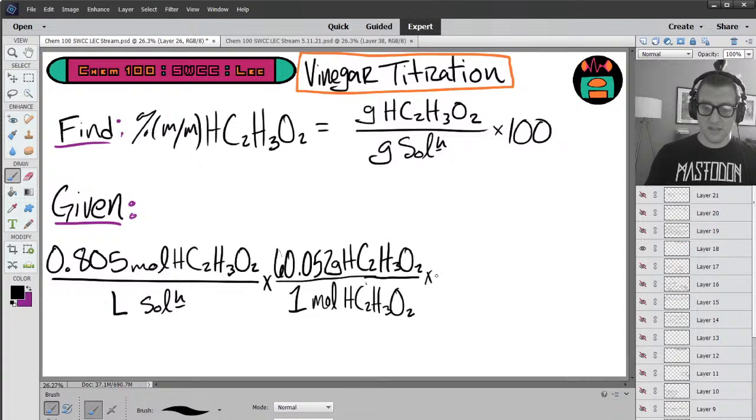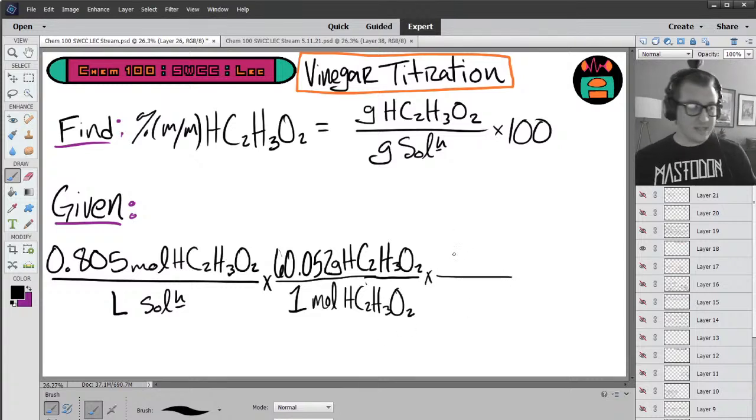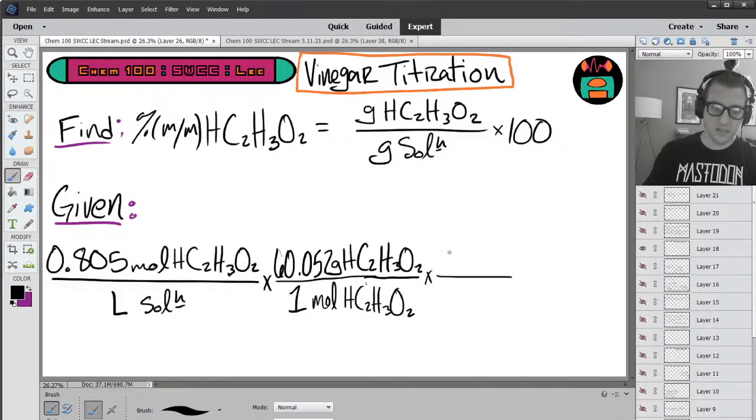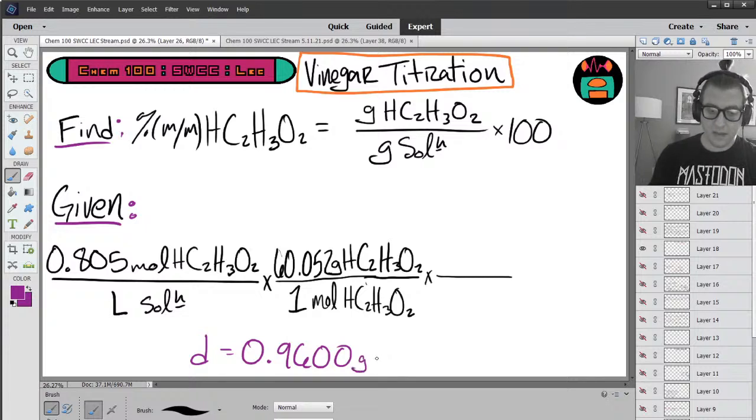Next, you'll notice that the density we were given for this solution was 0.9600 grams per milliliter.